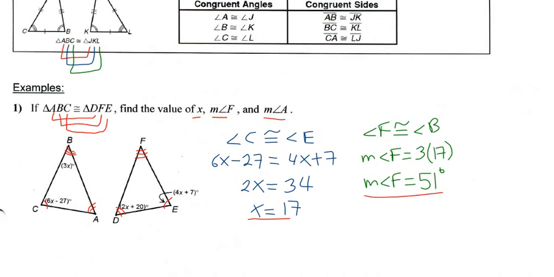And finally, we're going to find the measure of angle A, doing the same method that we just did with the measure of angle F and B. We know that angle A is congruent to angle D because they are corresponding.